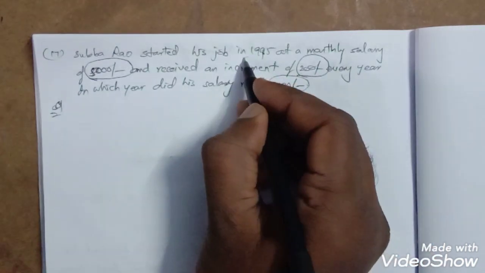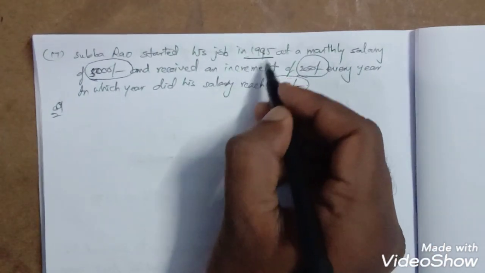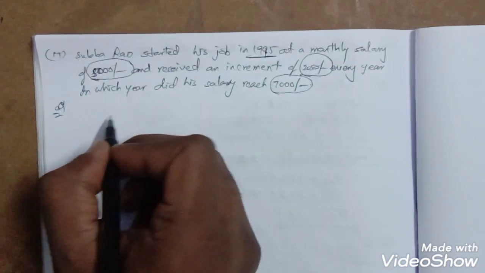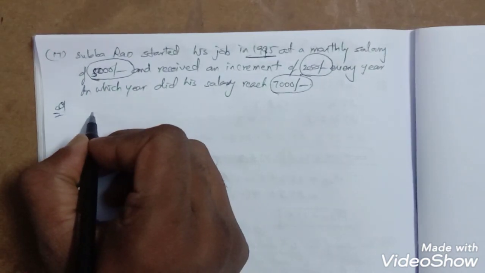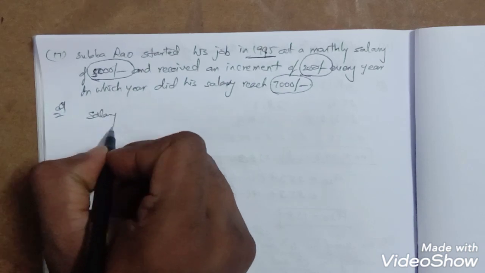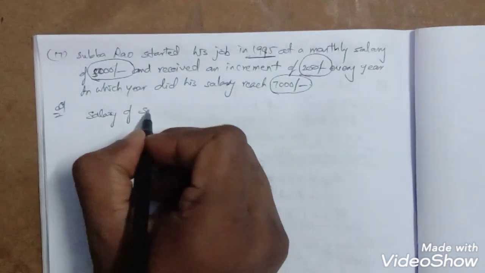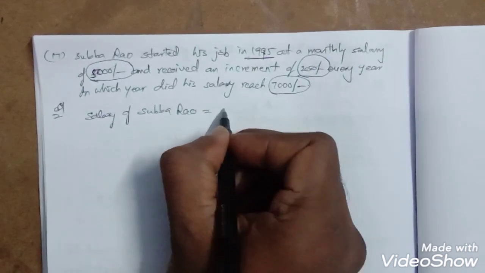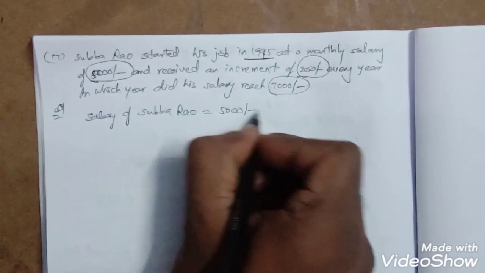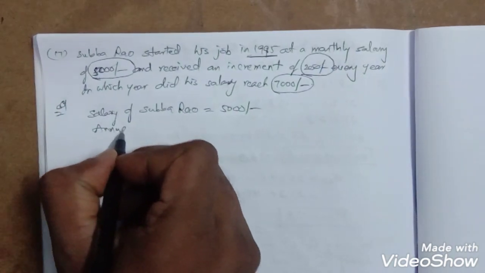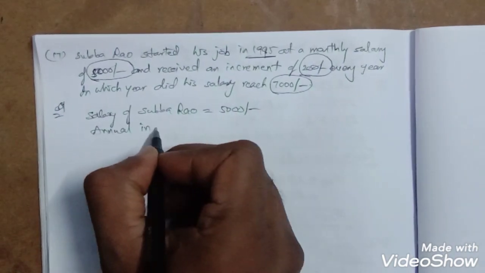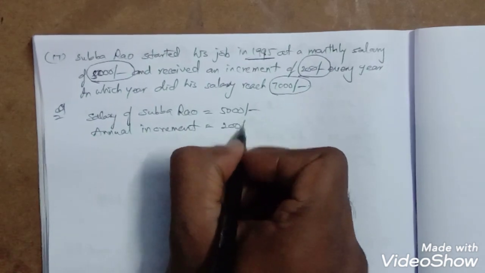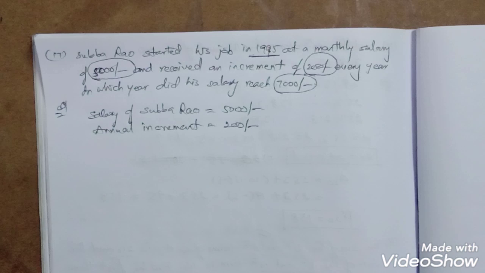So he started his job in the year 1995. So we can say the salary of Subbarao is equal to 5,000 rupees. The annual increment is equal to 200 rupees. Every year he is getting an annual increment.